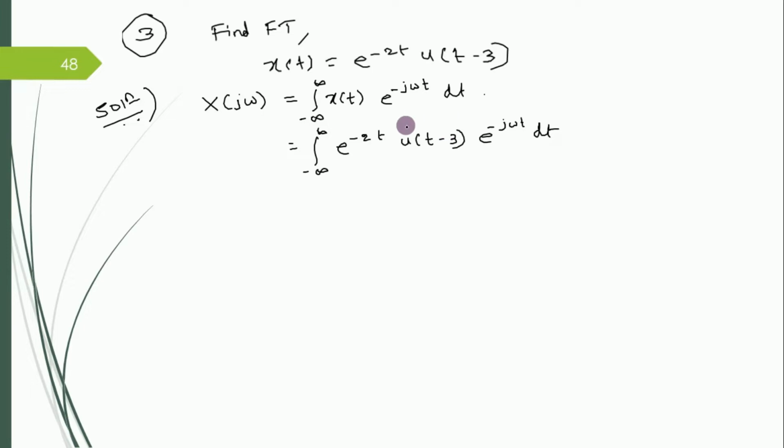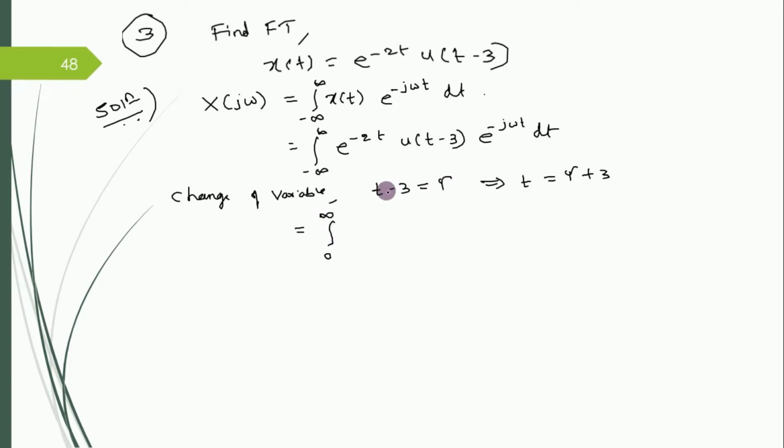Now I change the variable for integration. I substitute t minus 3 is equal to tau, so hence t is equal to tau plus 3. This is the change I am supposed to make. So the limits run from tau equal to 0 to infinity, because when t is equal to 3, tau will be 0.